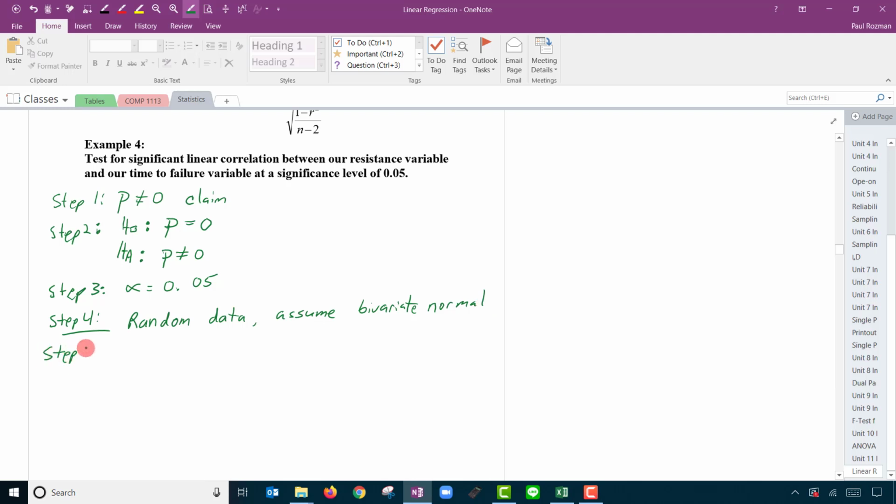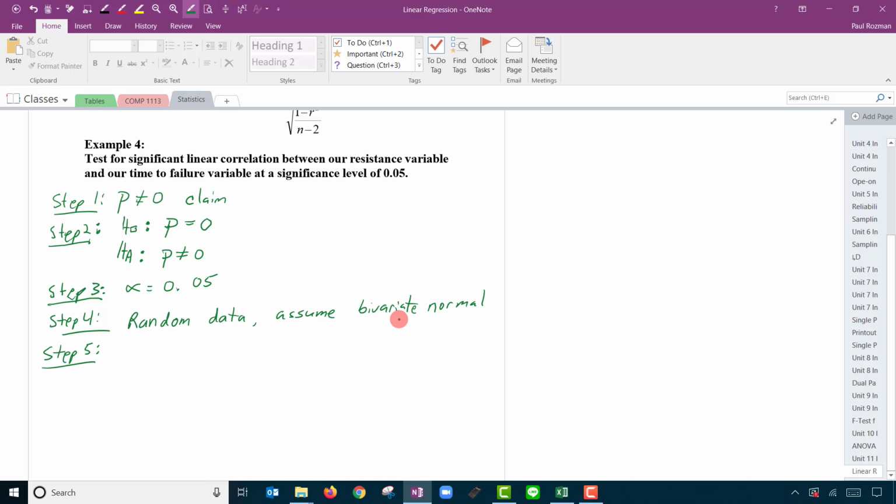The formula for the correlation coefficient is considered fairly robust, so this assumption isn't too much of a stretch.